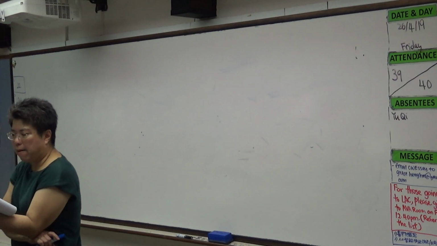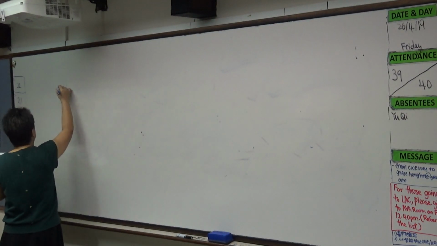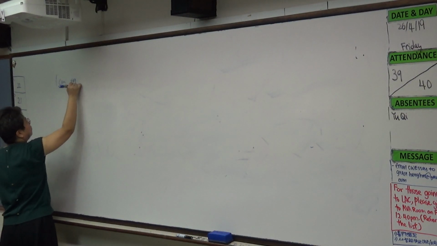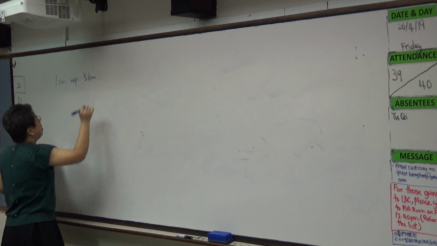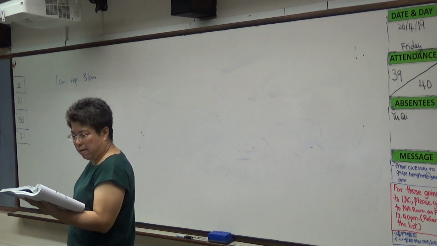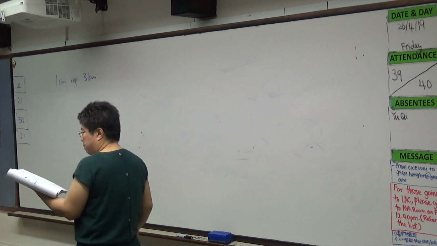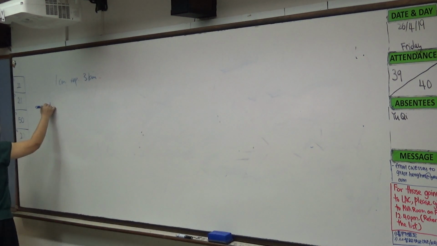Let's take a look. Example 14, part 1. A map has a scale of 1 cm to 3 kilometers. So you write down, 1 cm represents 3 kilometers. If the road has a length of 3 cm on the map, calculate the actual length.